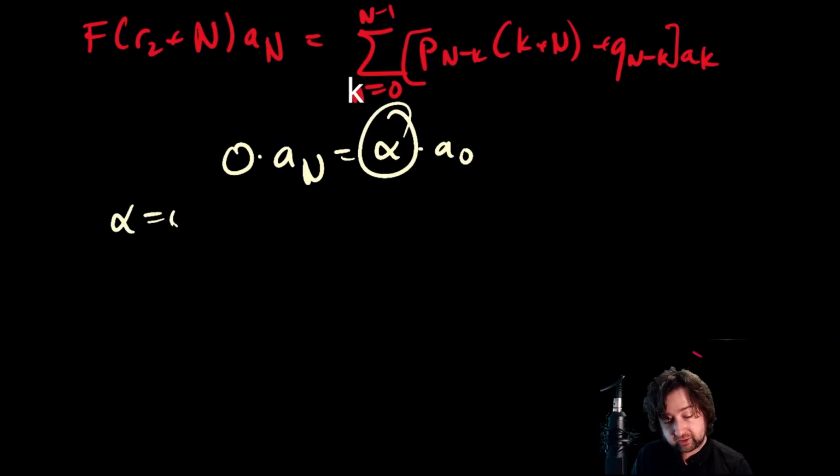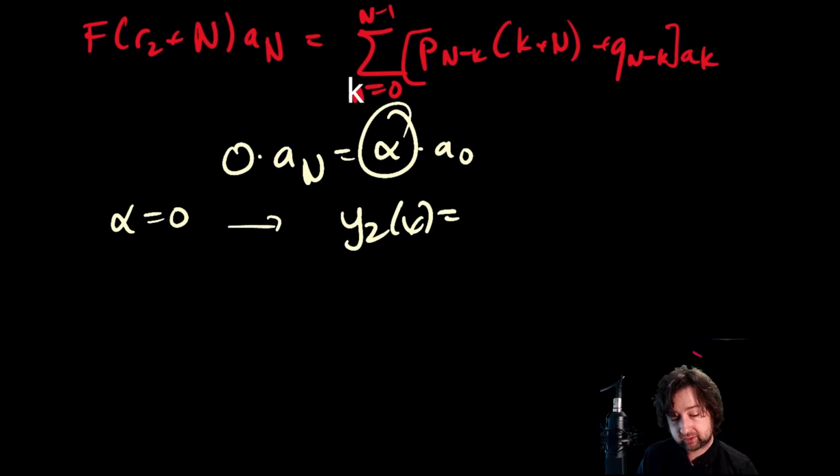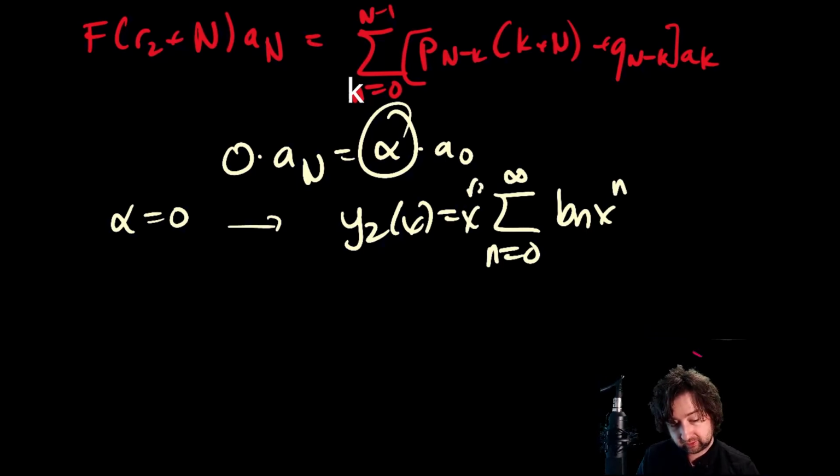If alpha is equal to 0, then you can just keep grinding the recursion, and you end up with a second solution, y2 of x is equal to the sum from n equals 0 to infinity of bn x to the n, times x to the r2. Totally fine. Standard second Frobenius series solution. But if the alpha does not disappear, which is going to be most cases, it's kind of hard to have a pile of things that just magically happen to add up to 0, then what will happen is the second solution will fail.